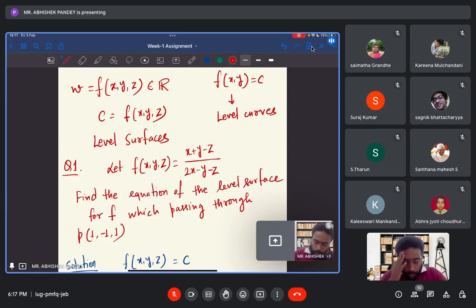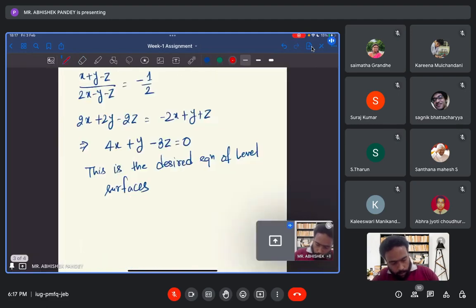Like in the case of a level surface, if you have x square plus y square minus z square equal to 0, in that case you will get a paraboloid kind of thing.